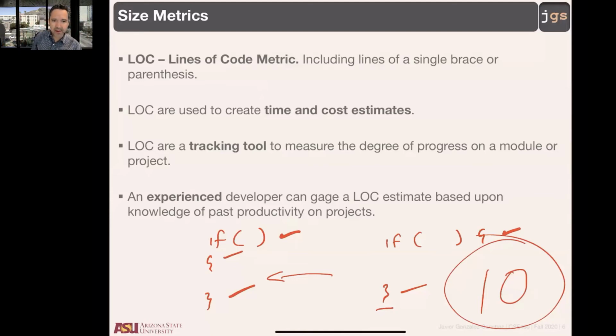Think about these recursive methods that do the traversal of a tree, the recursive method for printing a tree in pre-order, post-order, and so on. How many lines of code are there? 3, 4, 5 if you count the curly brackets. 5 lines.